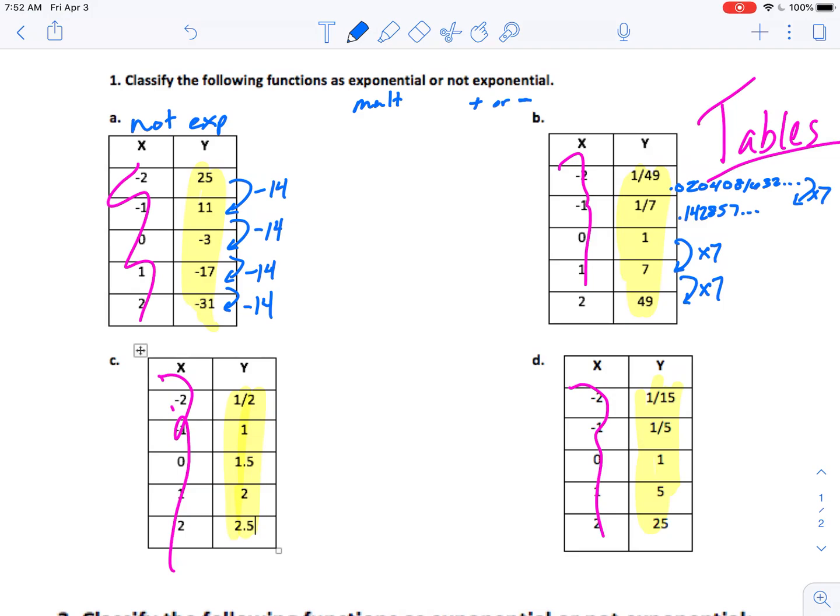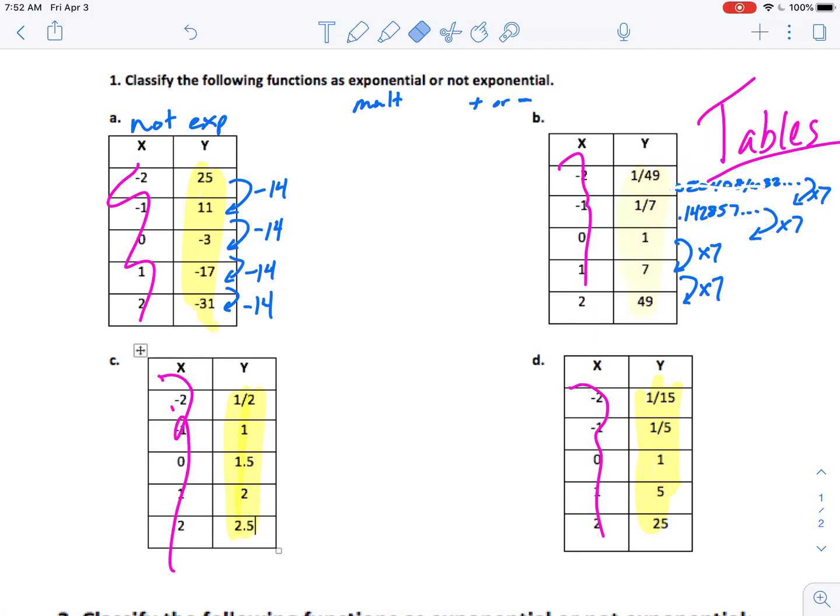And I want to see, will I get the decimal 0.14285. Since 0.0204081632 times 7 ends up getting me that decimal here, I'm feeling pretty confident.